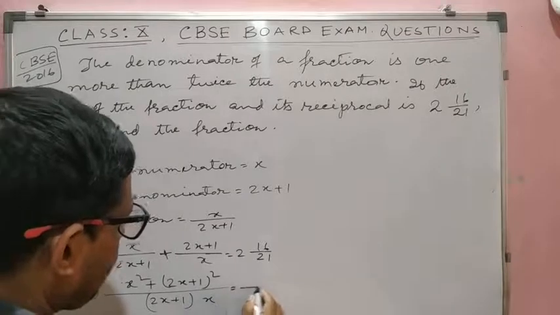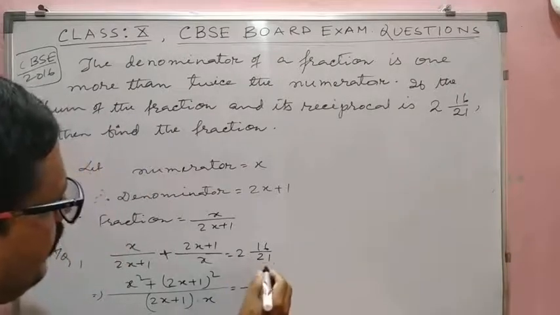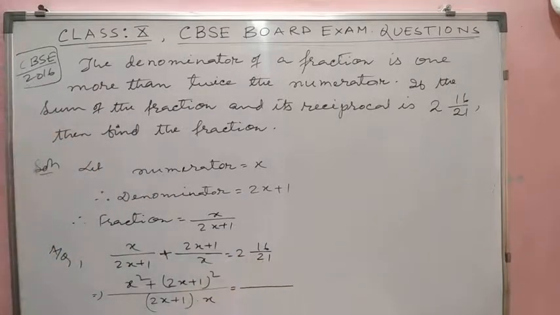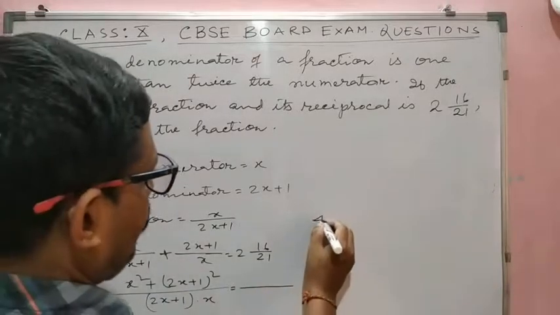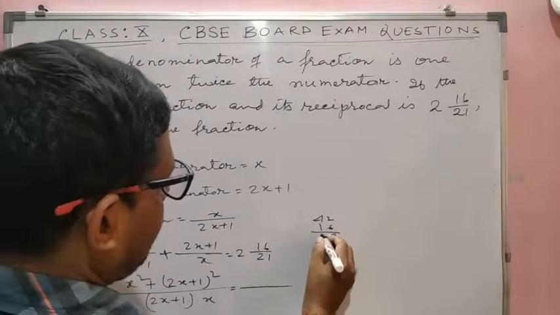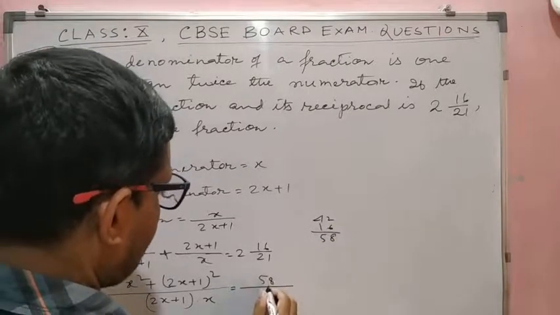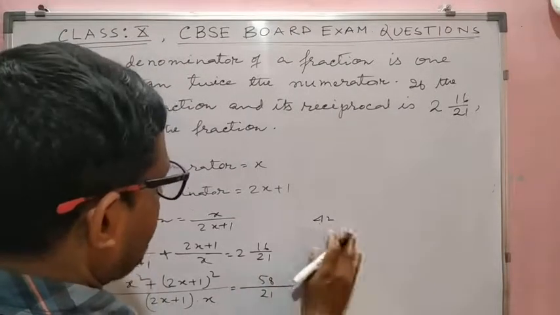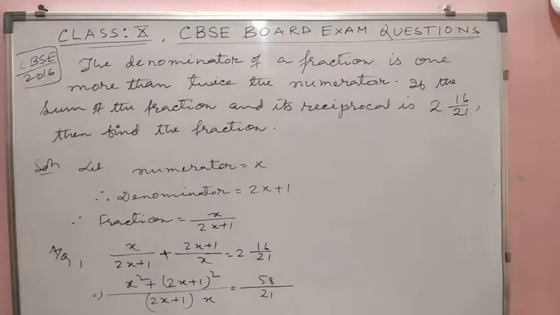The right side, on multiplication, we get 2 into 21, 42 plus 16, that is 58 by 21.